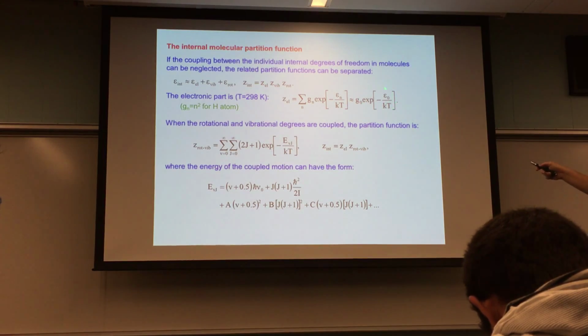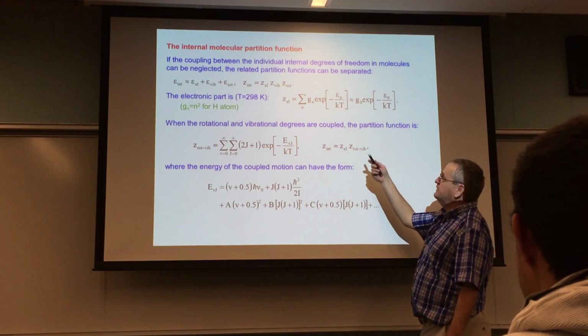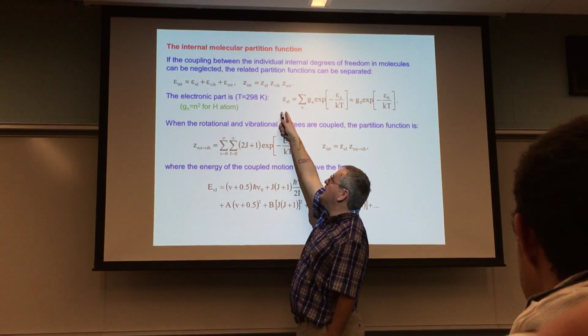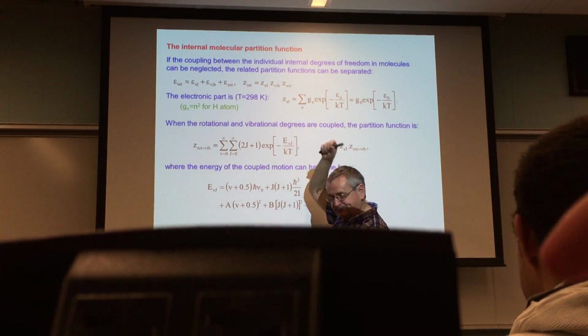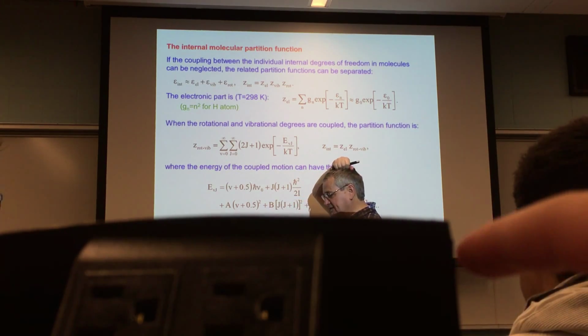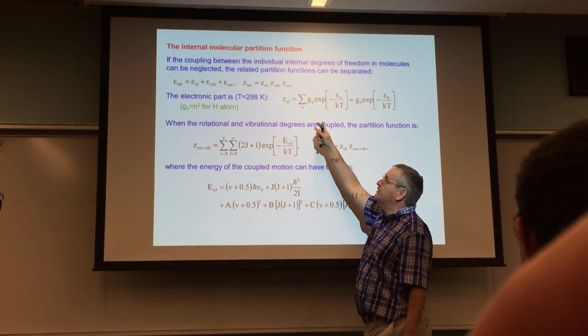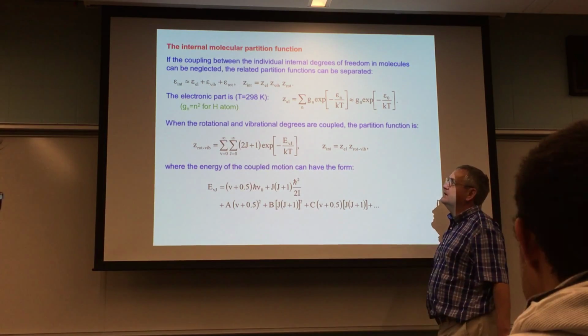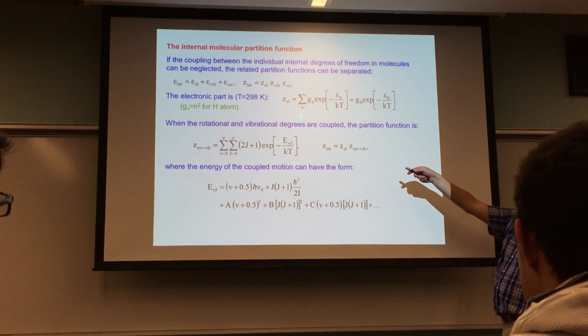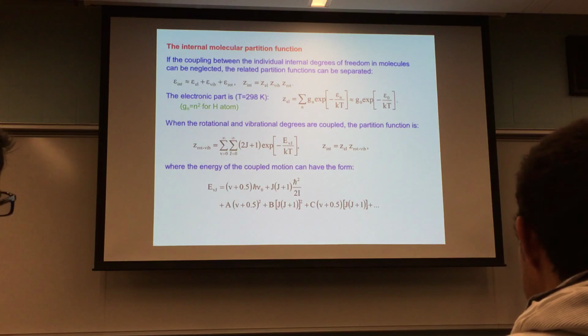So the electronic is here. Typically, the molecular partition function actually tells you how many states of that degree of freedom are populated at the temperature at which you calculate it, right? That was one of the questions in the exam.